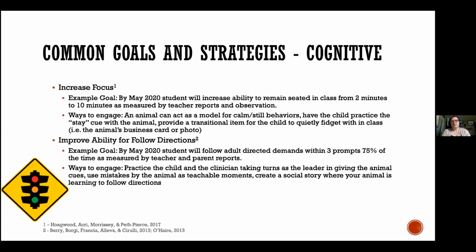Typically, we use photos of the actual environment or the actual animal, and then the book is supposed to explain what a child is to expect in any given situation. So we might use social stories to introduce a therapy animal before it meets with the child to get them ready and prepared. Or if there's a big change or transition coming up, like moving from elementary school to middle school, we might create a social story around that.